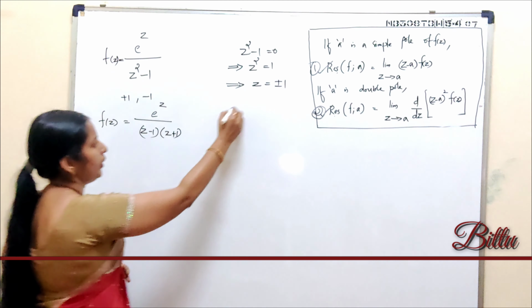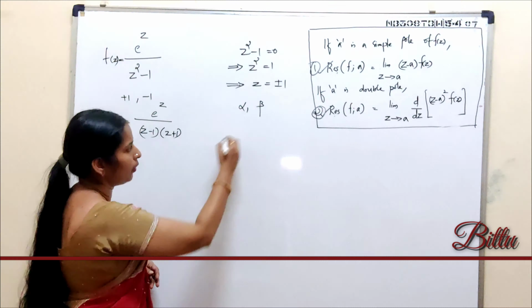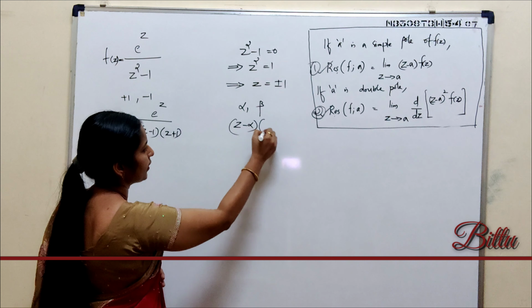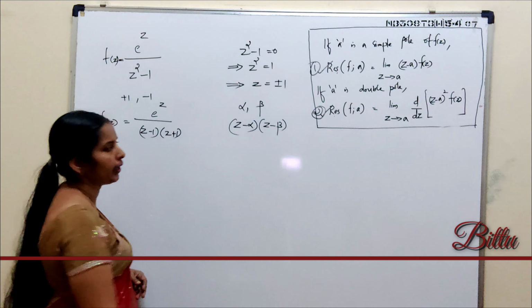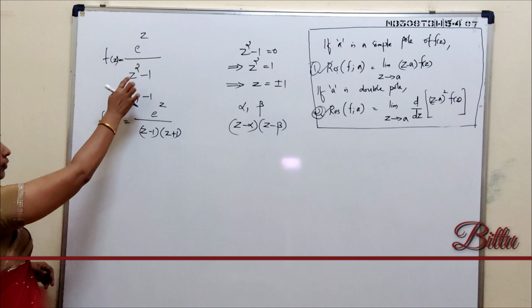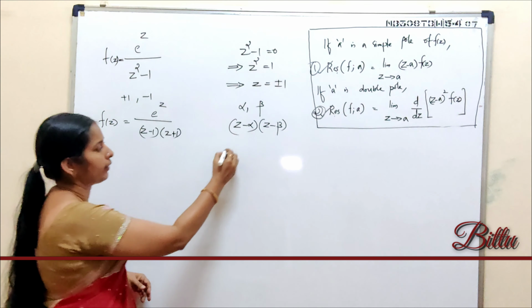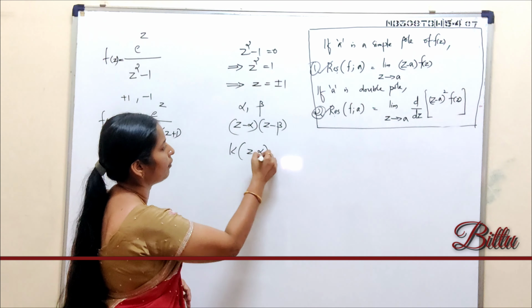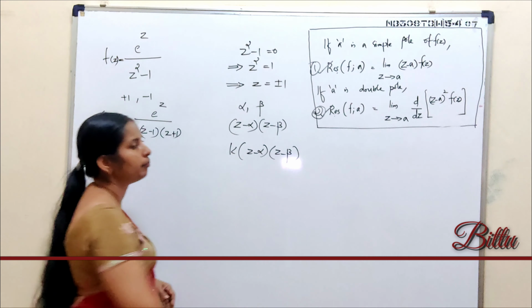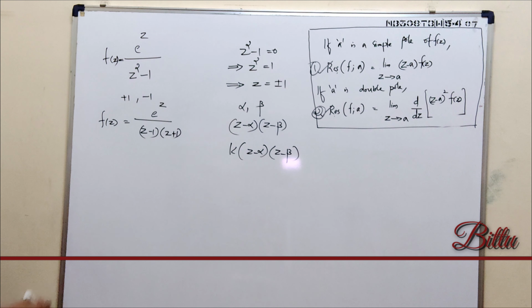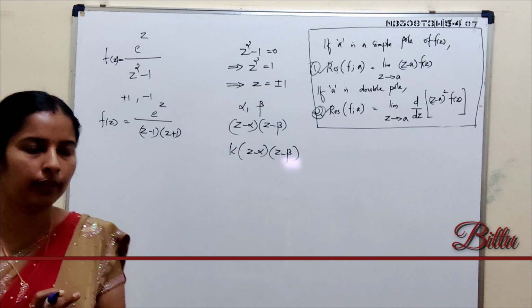You remember, if alpha, beta are the poles, then corresponding factorization is z minus alpha into z minus beta, provided the coefficient of z squared is 1. If the coefficient of z squared is a constant k, then its factorization is k into z minus alpha into z minus beta. Here, both poles are simple poles, so we have to apply the first result only.